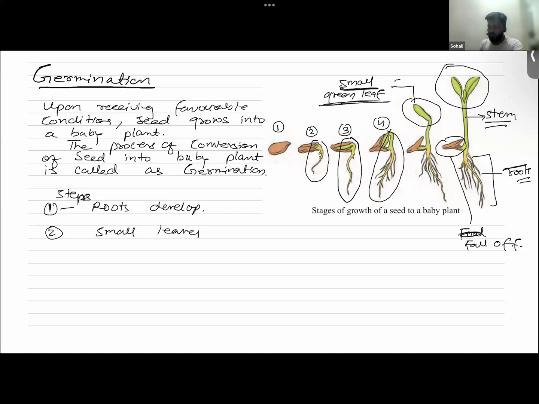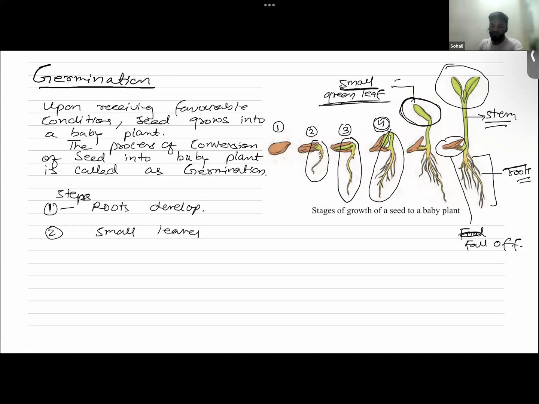Actually, this small green leaf, if you see, it was basically cotyledons first. So if you see here in this fourth stage, the cotyledons have started to come out outside the ground.